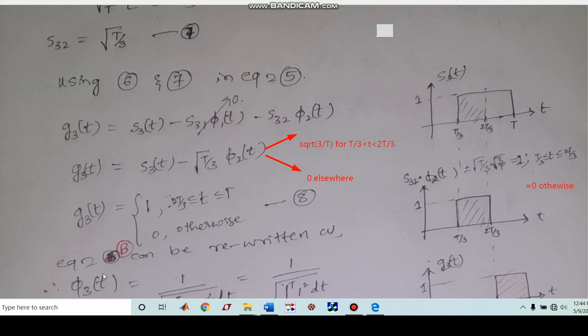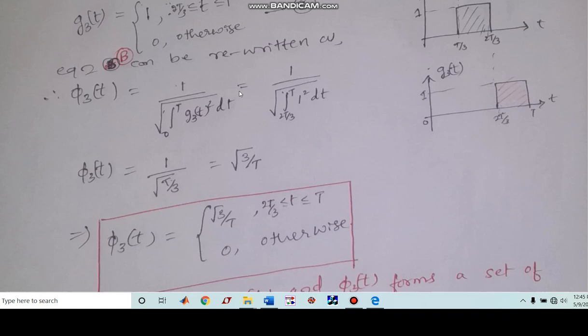Using this in the equation for phi 3 of t, which is equation B, you can see over here, G3 of t is 1 for this interval.